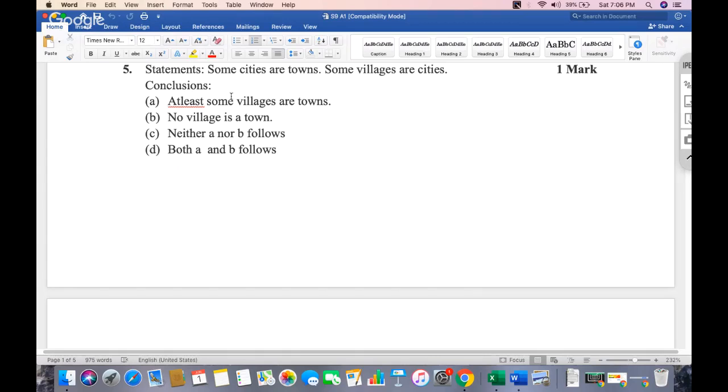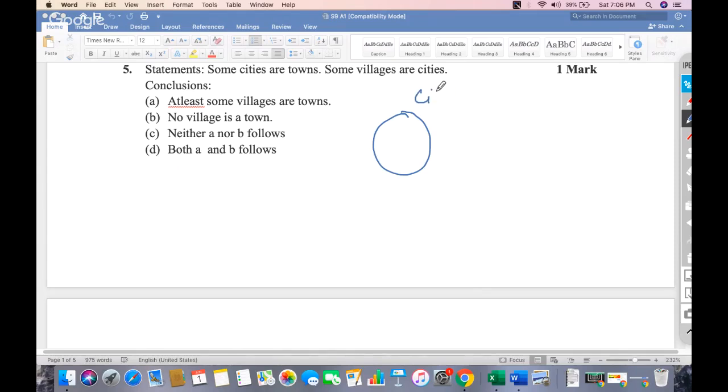Some cities are town. Cities, and this is town. Now, "some villages are cities" can be in two conditions.